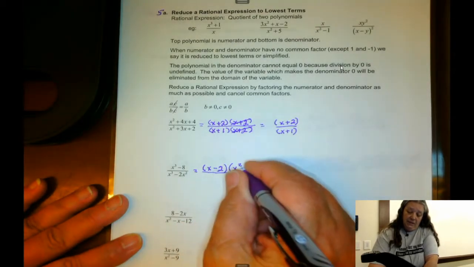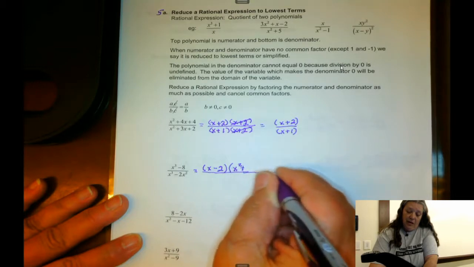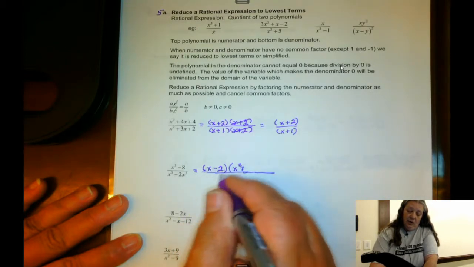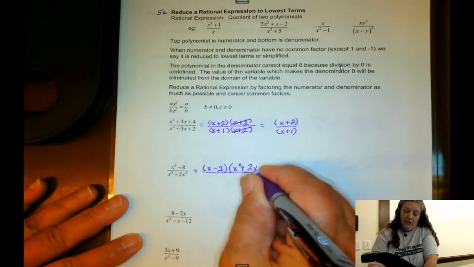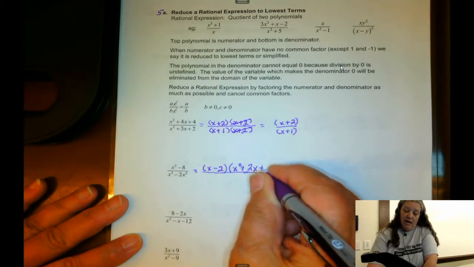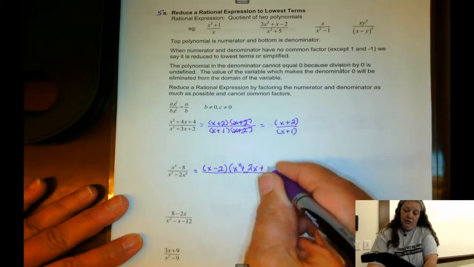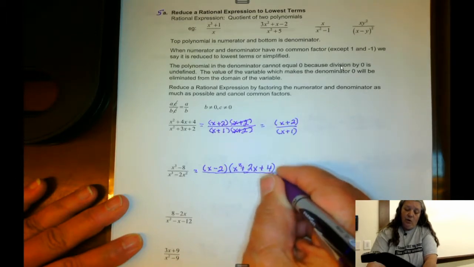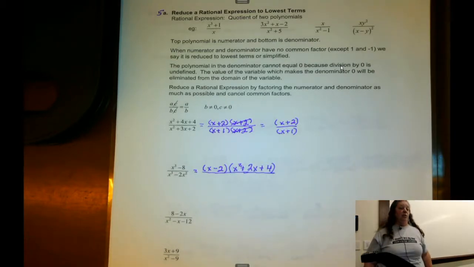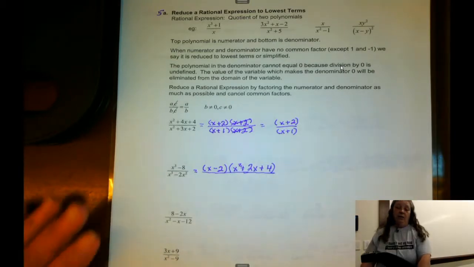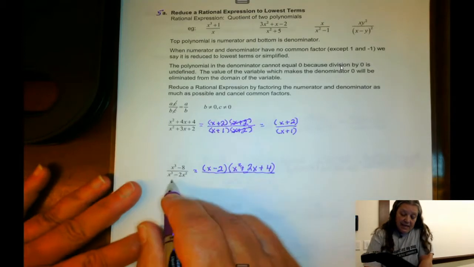We take the opposite sign, so it's going to be a plus. Then we multiply the two terms, which gives us a 2x. The last sign is always positive, and 2 squared is 4. If we multiply this binomial by the trinomial, we will end up with the binomial x cubed minus 8.